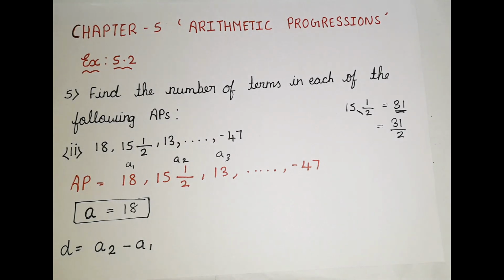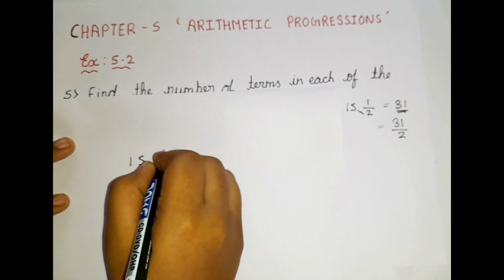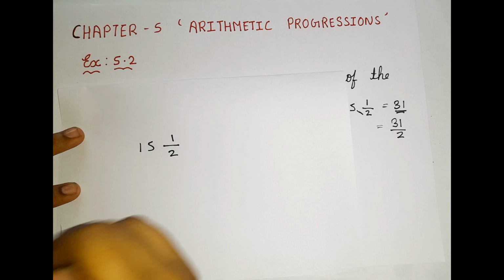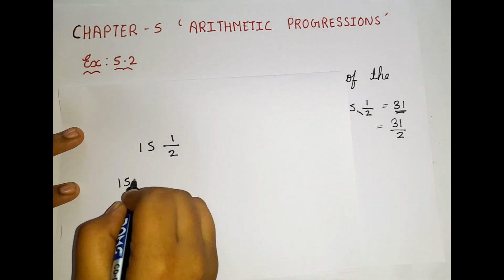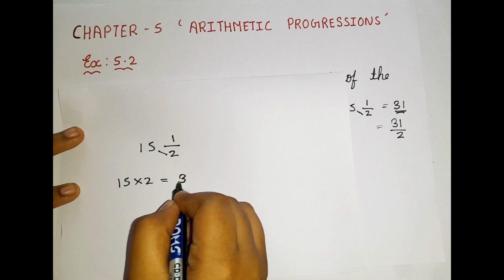If you don't understand, it doesn't matter, I'll explain separately. Maybe most of you might have forgotten. So 15 and a half, we have something like this. Let us multiply 15 into 2. When we multiply, we got 30.